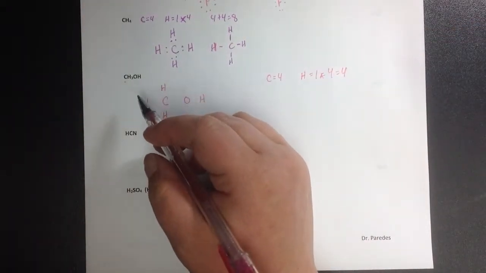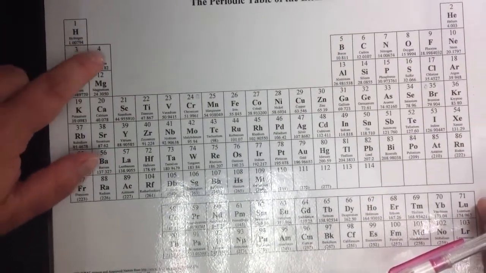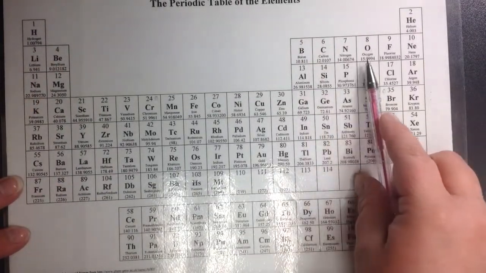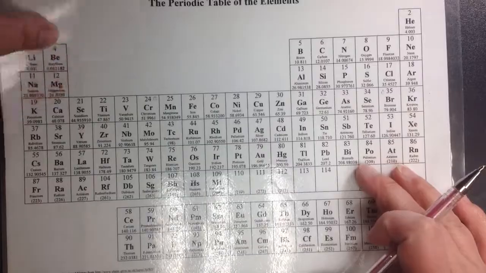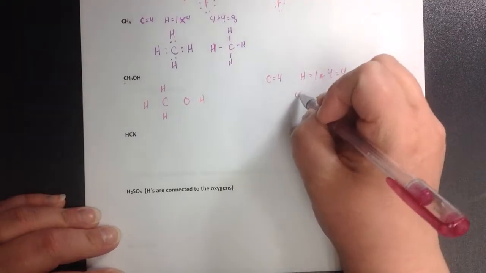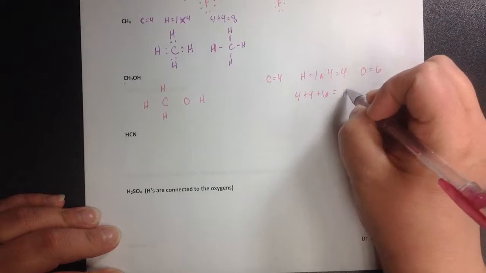Oxygen has, let's count that again, 1, 2, 3, 4, 5, 6 valence electrons. So 4 plus 4 plus 6 is equal to 14.